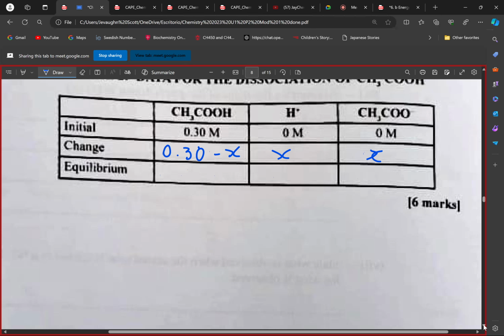Sir, according to how I do it, you've got to write the KB expression. The Ka or Kb? Kb, since it's this dissociation to this one.